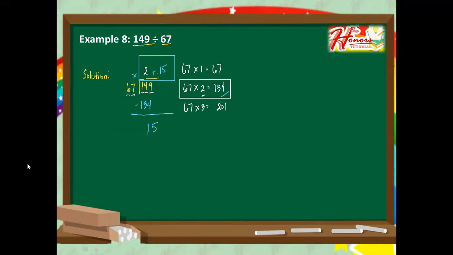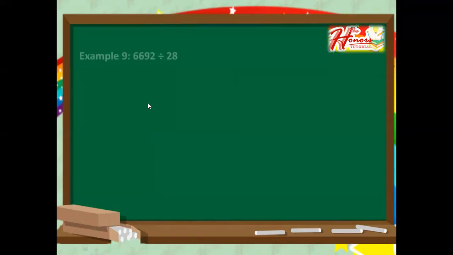Another example. We also have here 6,692 divided by 28. Same process. I will be writing the word solution here for you to have the distinction that this is part of a solution. And for the first given, it will serve as our dividend.